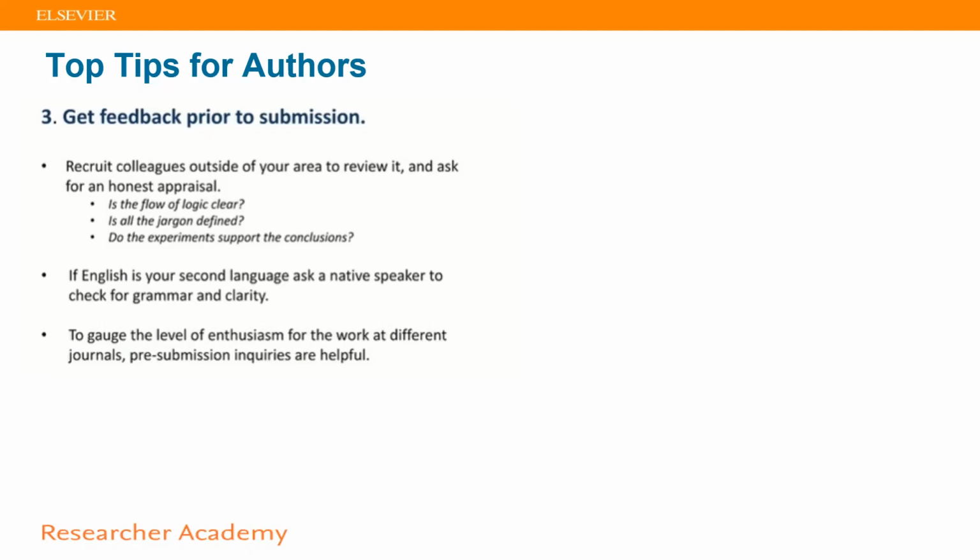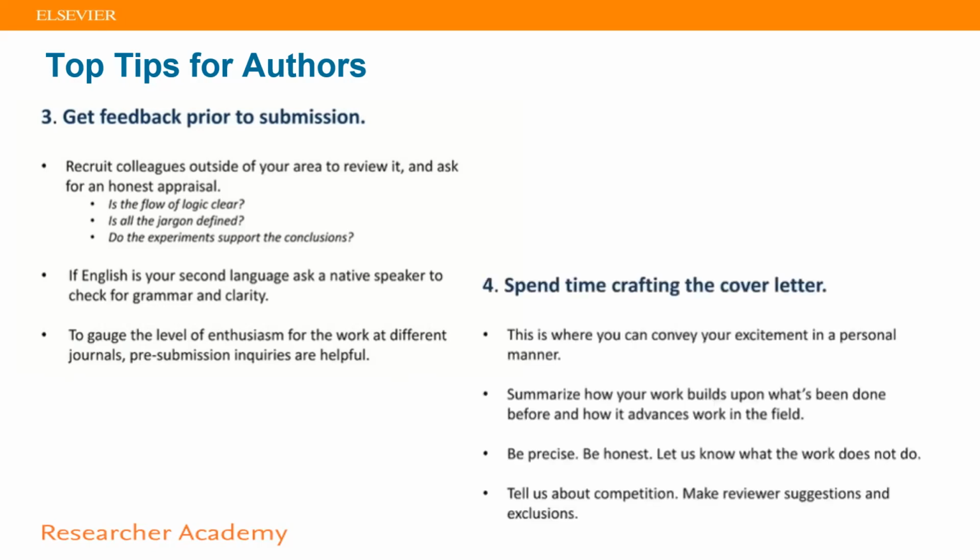That's why I need some of my friends who are outside of the field to read my paper and give me feedback on whether they understand exactly what I'm trying to convey. If you have any terminologies or expressions that are special to your field, you have to define them, because not all the people outside the field will know them.